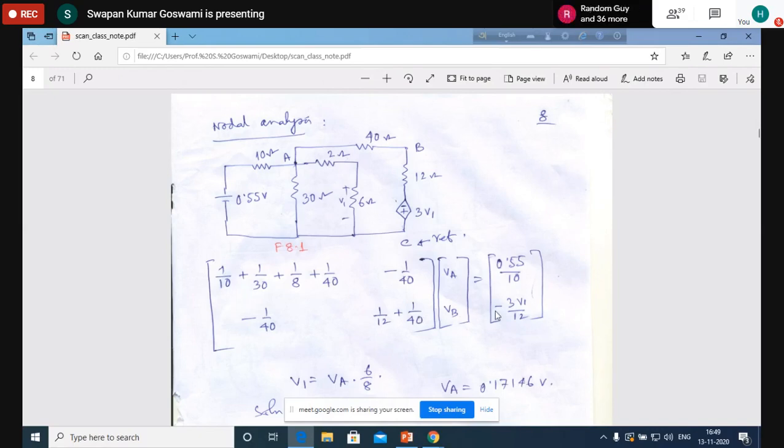Now, can you solve it directly? No, sir, because the variable is on the right hand side. So to shift the variable from the right hand side to the left hand side, this 3V1 by 12 with a negative sign, minus 3V1 by 12, will go and be added up where?